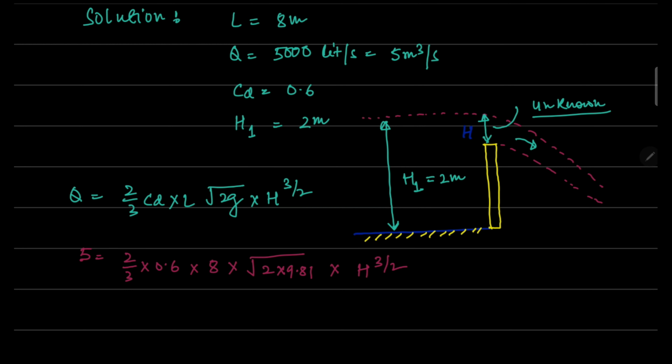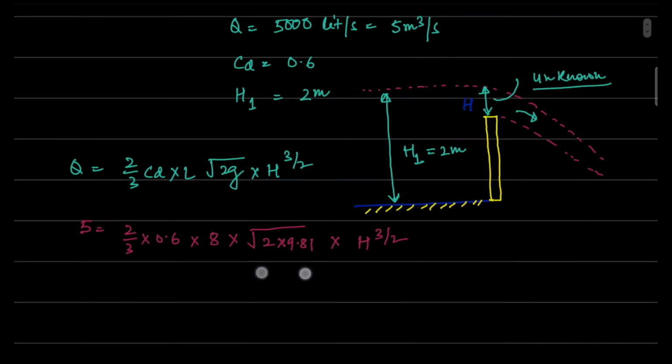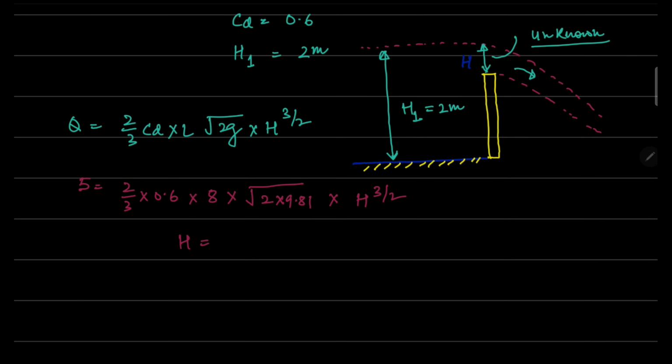Now in this equation only one unknown value is there and one equation, so we can calculate the H value. H raised to the power 3 by 2 comes out to be 0.351.